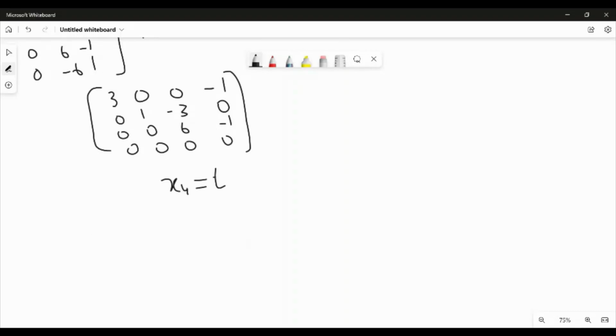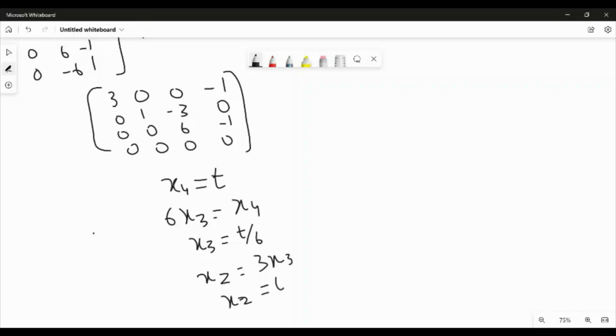From equation 3, we get x3 is equal to x4 over 6, so x3 will become t over 6. From equation 2, we get x2 is equal to 3x3, so x2 will become t over 2, and 3x1 is equal to x4 from equation 1, so x1 will become t over 3.